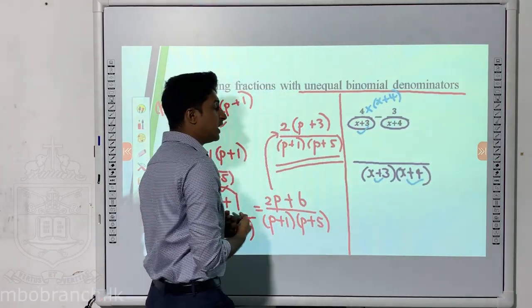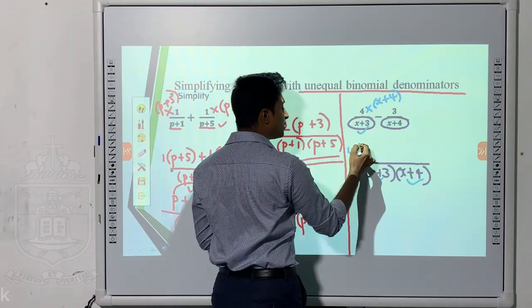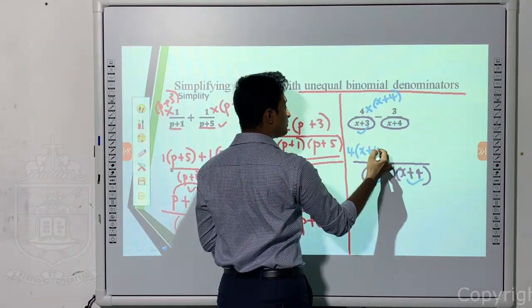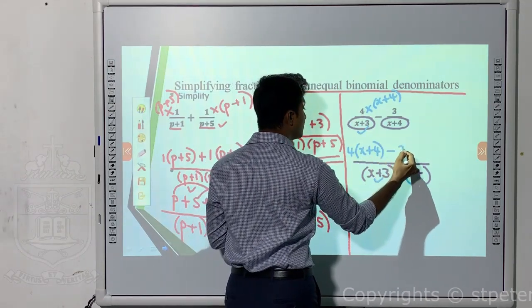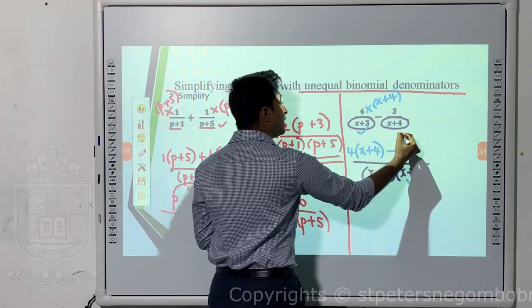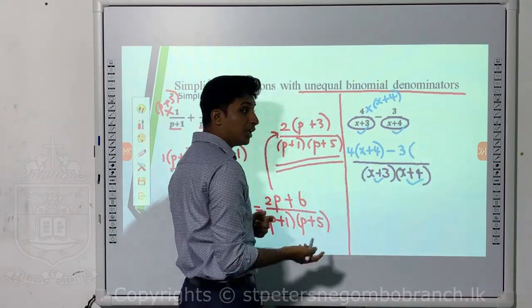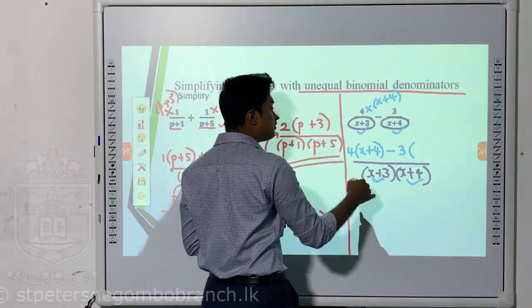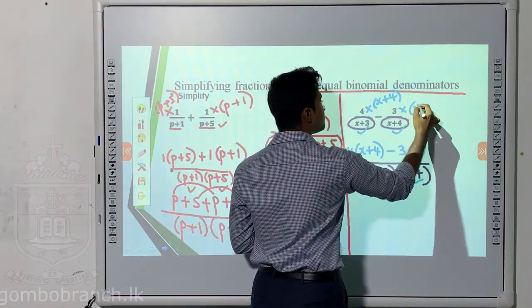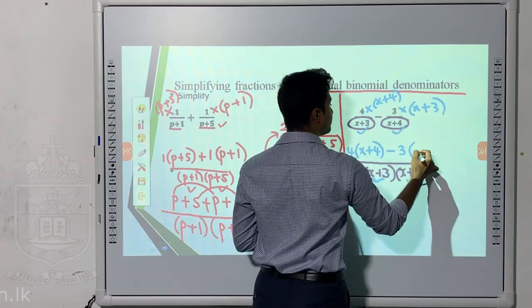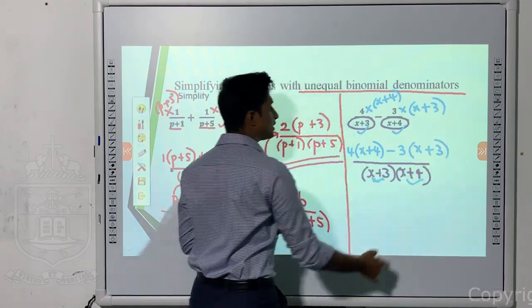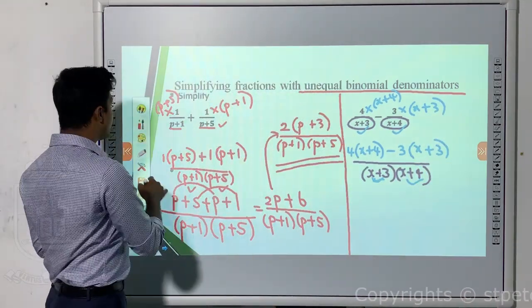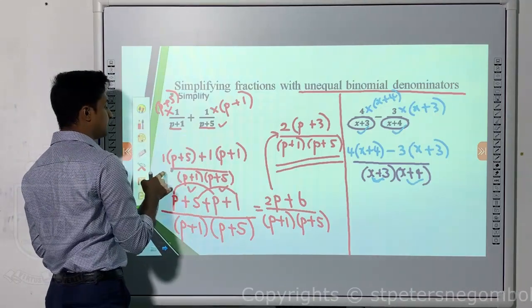Okay. In the second, so I can write 4 times x plus 4 minus 3 times. In this I have x plus 4. I don't have x plus 3. So I have to give x plus 3. I have to multiply this by x plus 3. Right.